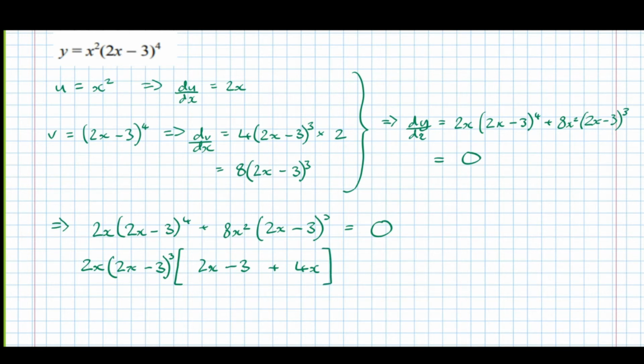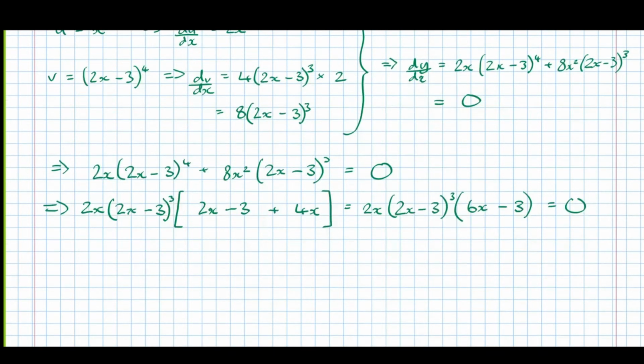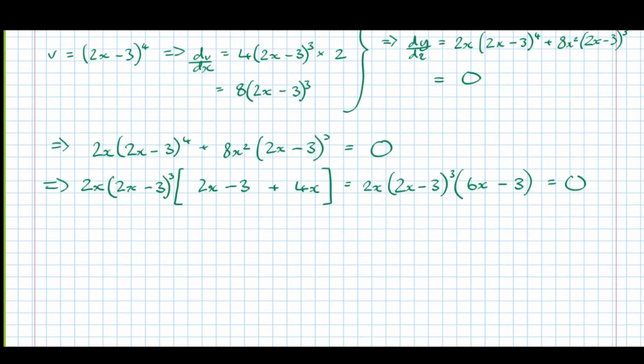So this is just a bit more advanced factorizing, which is equal to 2x minus 3 cubed, and we've got 6x minus 3. And we know that that's equal to 0. So we've fully factorized it now, and we've got 3 factors.